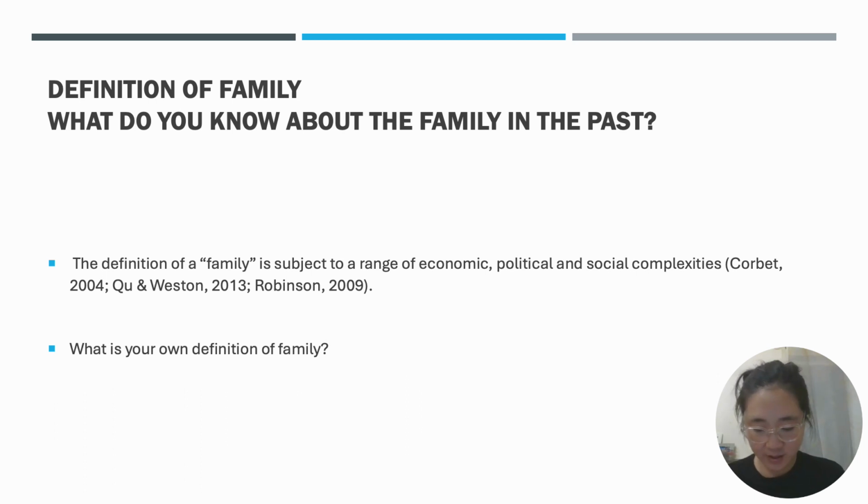Families are diverse in composition and form. Australians believe that families are what people define them to be. We really need to take a close look and think about how family has changed.